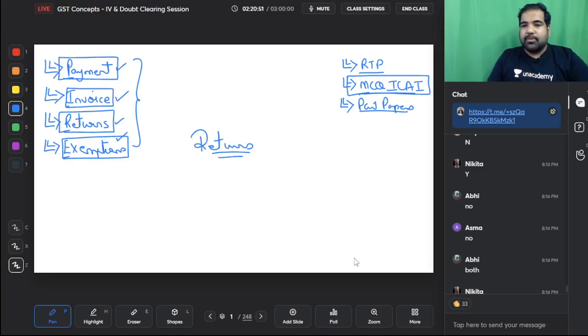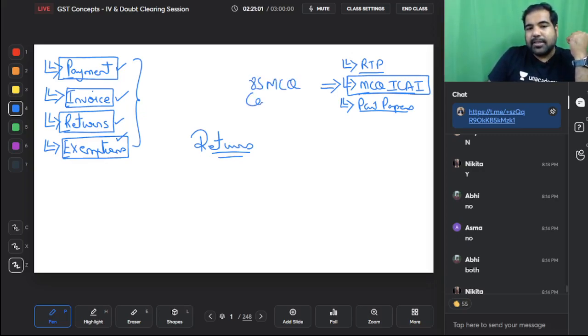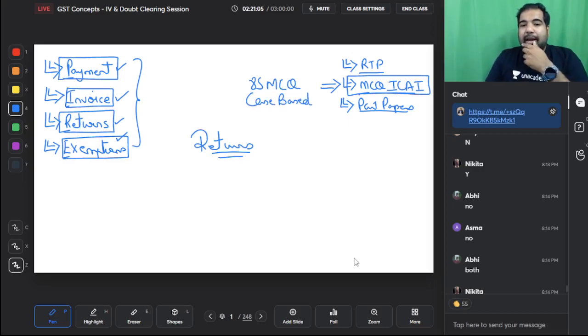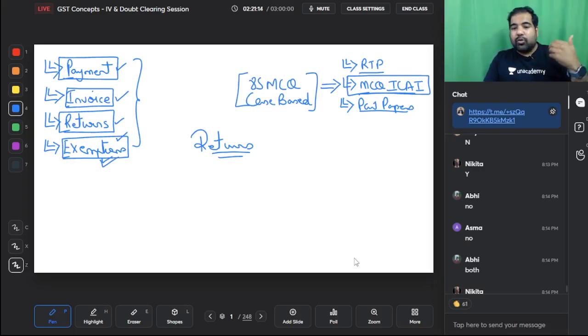Once we finish exemptions, there is an ICAI MCQ booklet which is very important, which has about 85 MCQs, and it has some case-based MCQs. I think it has about 17 cases, and I really want to do this well. So I'm going to do that tomorrow after we finish exemption, because every time you do these case-based questions, you get better and better at exemptions. So I'm going to do this tomorrow.